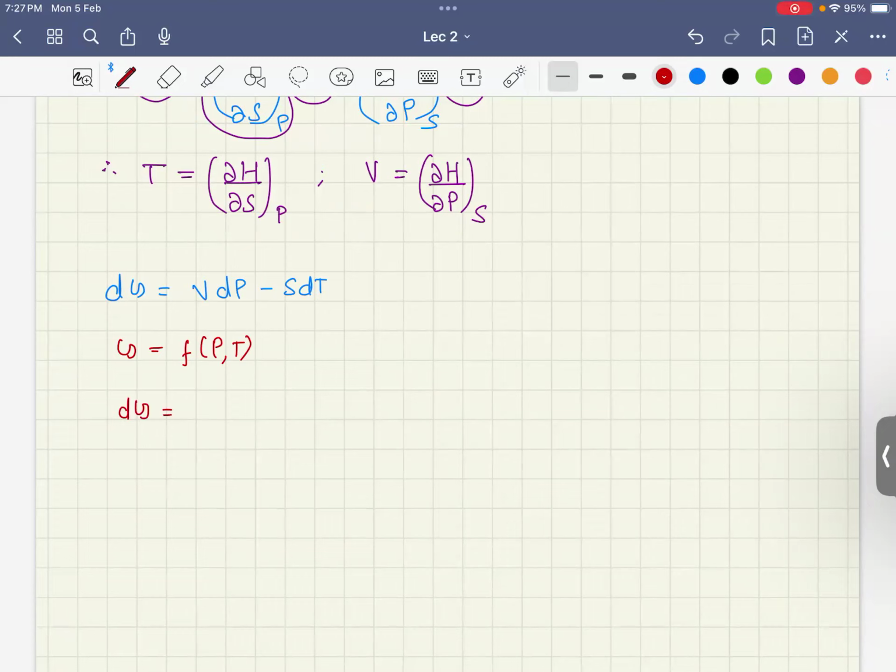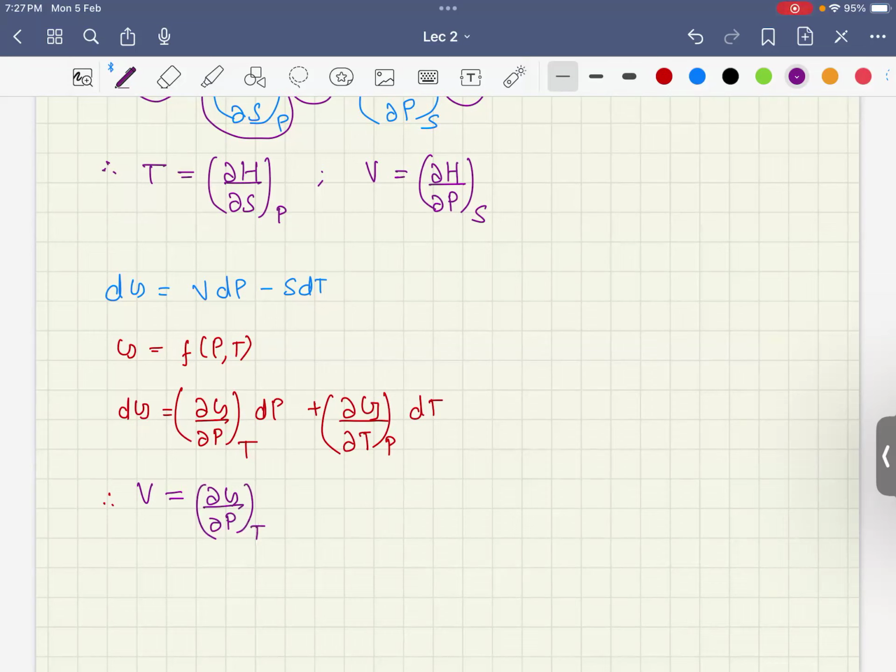So dG is equal to ∂G/∂P at constant T multiplied by dP, plus ∂G/∂T at constant P multiplied by dT. Therefore, ∂G/∂P at constant T is equal to volume, and ∂G/∂T at constant P is equal to minus entropy, minus S.